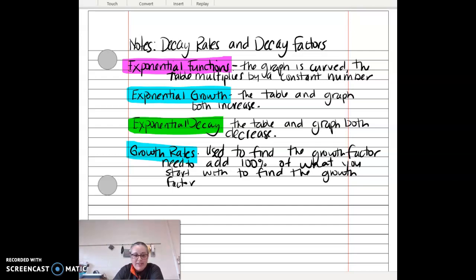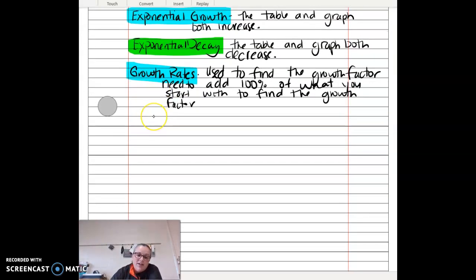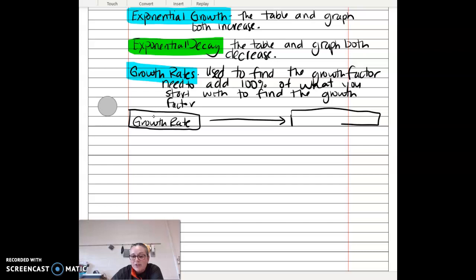So for example, if I tell you the growth rate, maybe I highlight that or box that off, and we have to turn this into the growth factor, because we know the growth factor is what goes into our equation. All right, so let's say we had a growth rate of 30%.